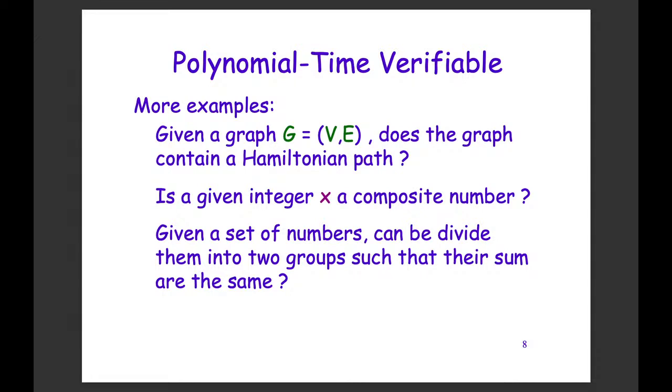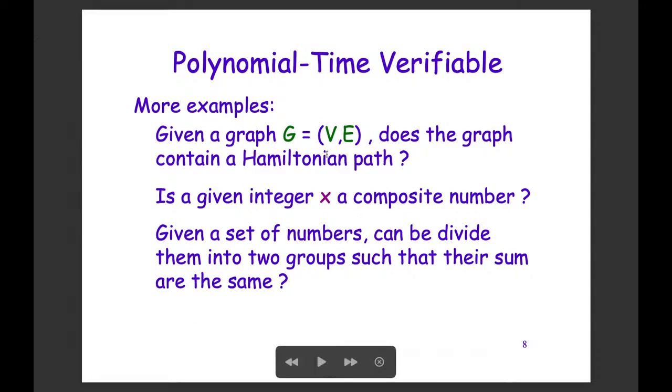A Hamiltonian path is a path that connects every vertex together, but each vertex can appear in this path at most once. Since it has to connect every vertex, each vertex appears on this path exactly once. So is there a way that we travel from vertex to vertex, one by one, such that after the traversal we have visited all the vertices exactly once? Then this is called a Hamiltonian path.